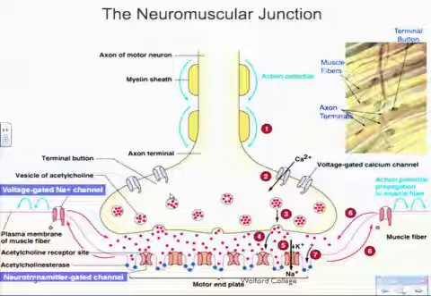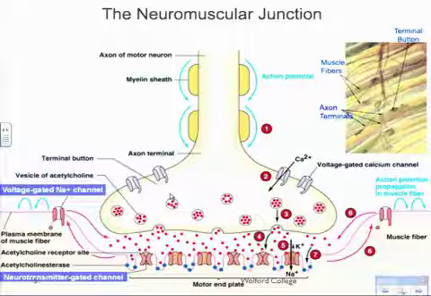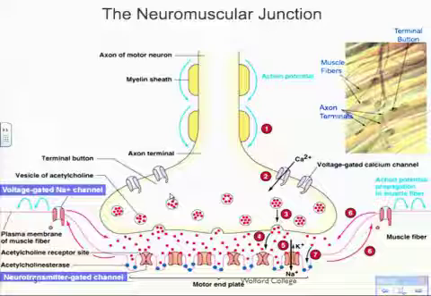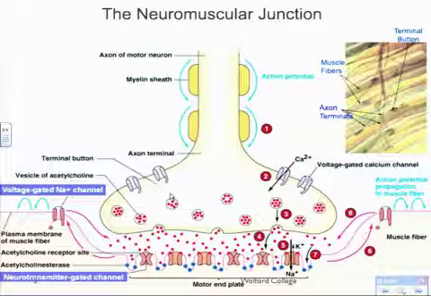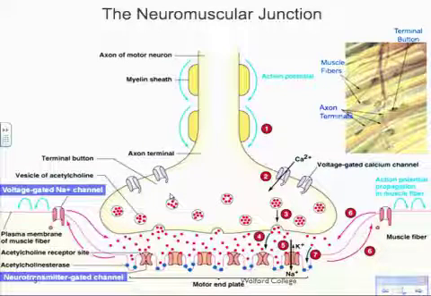What terminates the contraction is the repolarization of the cell, the closure of voltage-gated calcium channels, and reuptake of calcium. So calcium initiates and ends the contraction, but what initiates the release of calcium is the depolarization by these fast-acting sodium channels that are activated by acetylcholine binding.